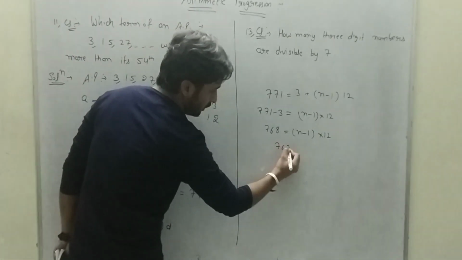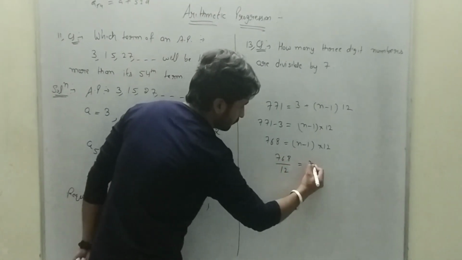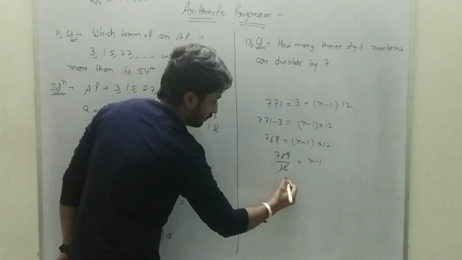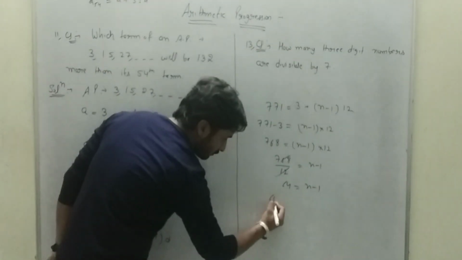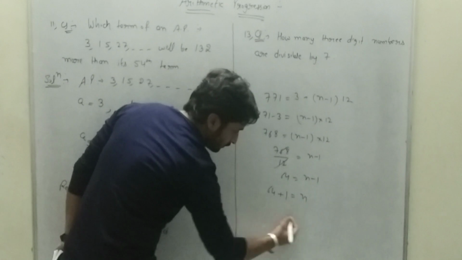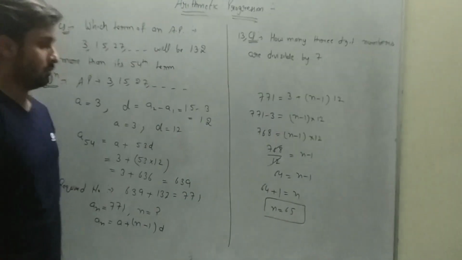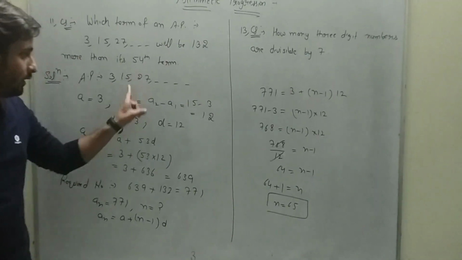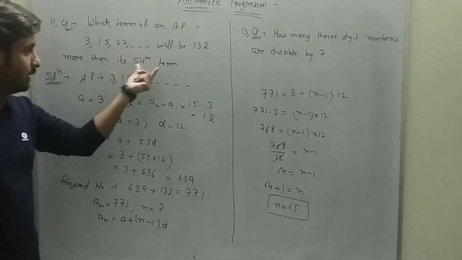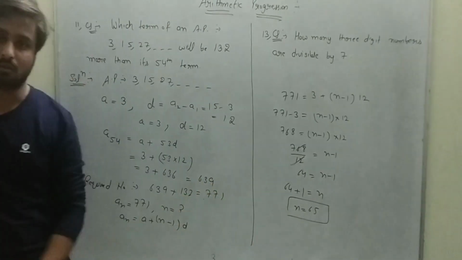Now we divide by 12. 768 divided by 12 is 64. Now 1 will be added on the left-hand side, and n is 65. So the 65th term will be 132 more than its 54th term. So n is 65. This was your answer.